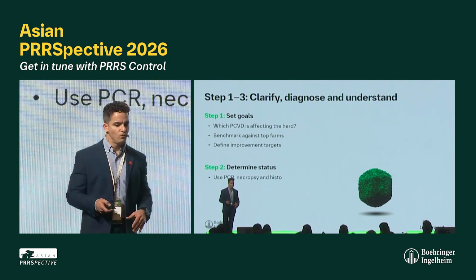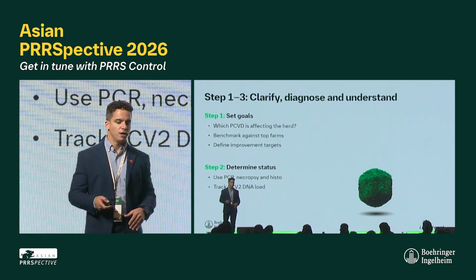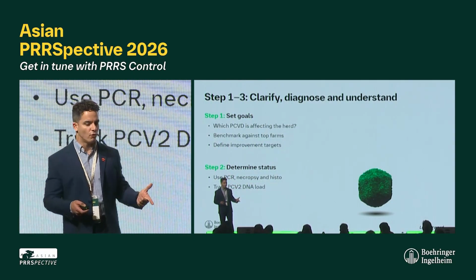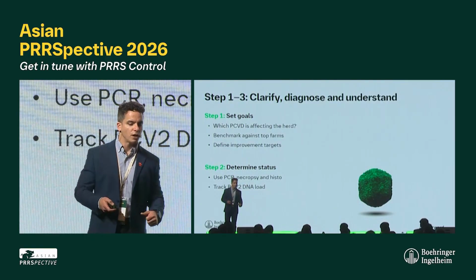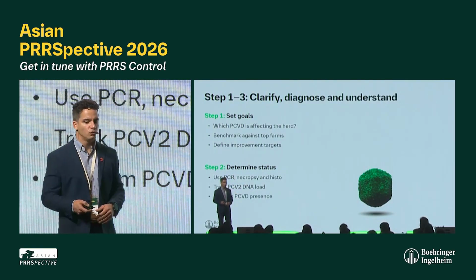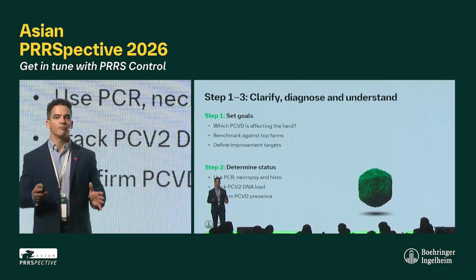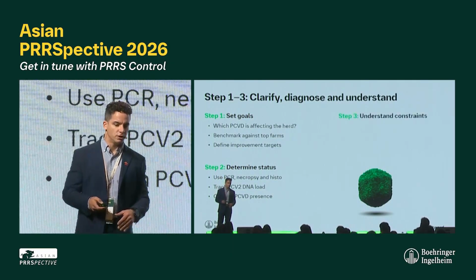In step 2, we are going to determine the status, and we may use PCR data, necropsy, and histopath, as we viewed before. That would be important to really understand if PCV2 is contributing to disease. And we can also use different tools to track PCV2 DNA load. But the goal is always to confirm if disease caused by PCV2 is present in the herd.